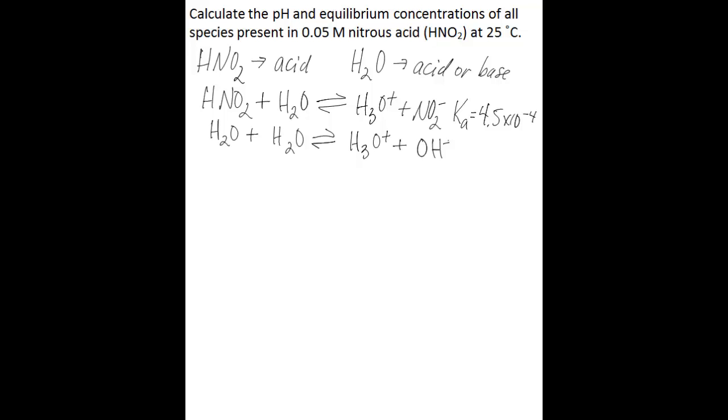And you know that this reaction has a special equilibrium constant designated as Kw, and that is 1.0 times 10 to the negative 14. So those are the two possible proton transfer reactions.